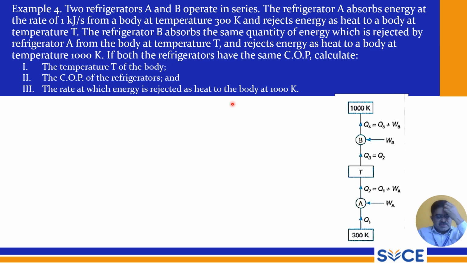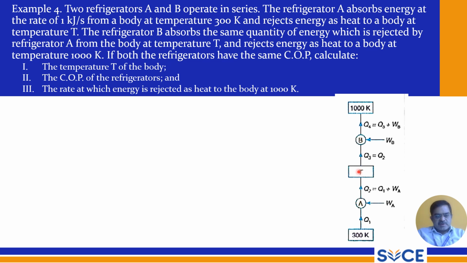And here you can see this is Q1, this is refrigerator A, and WA is operating this refrigerator A. Q1 is at 300 degree Kelvin. From 300 degree Kelvin you have this heat energy, and Q2 is Q1 plus WA. We are connecting these two in series, and now this is the temperature.